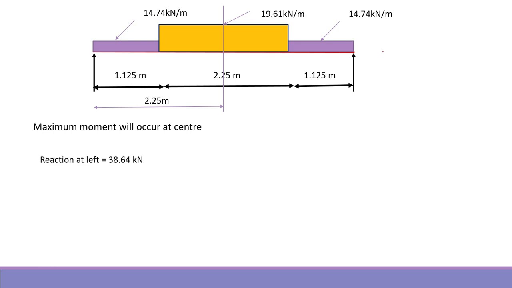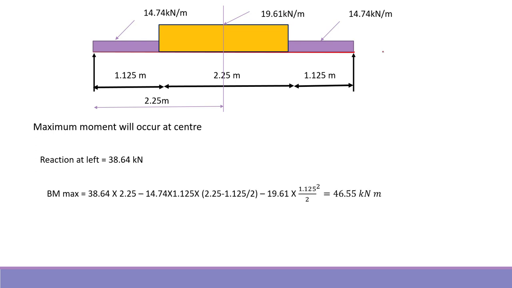If we calculate the total load and divide it by 2, we get the total reaction at the left and the right support. So the maximum bending moment at the center will be RA, this is the reaction, into 2.25, this distance.